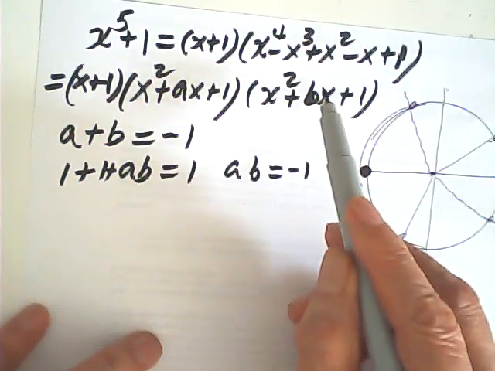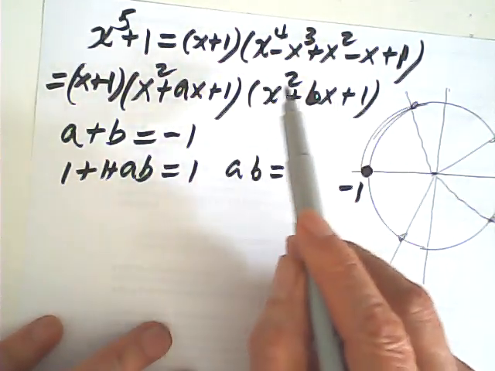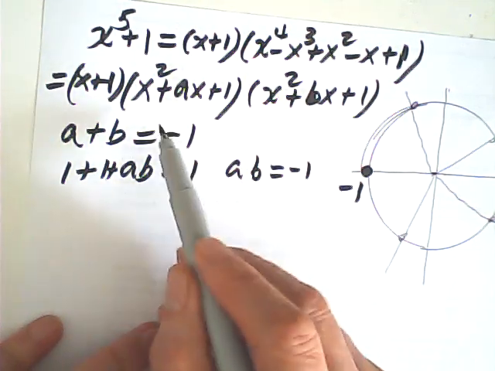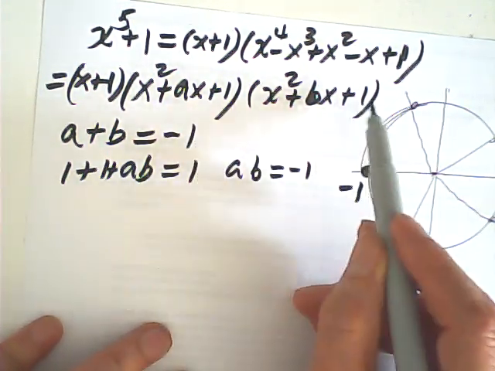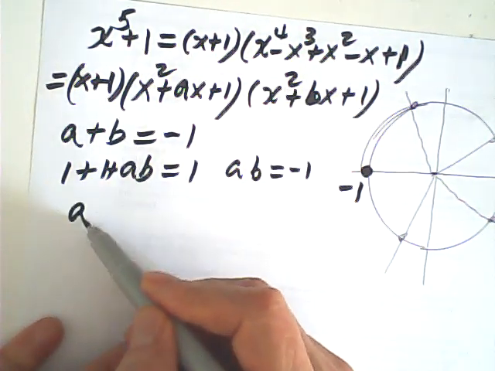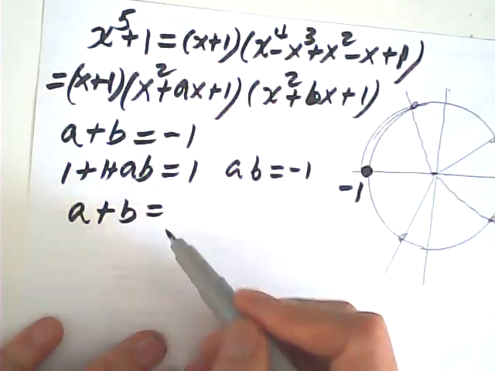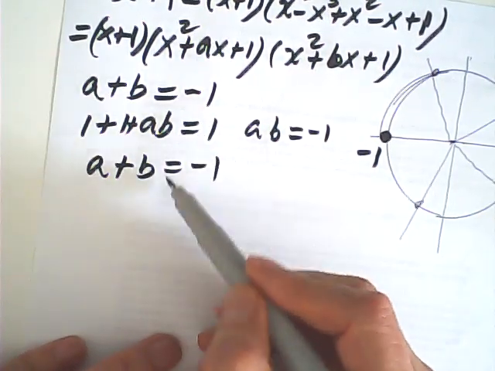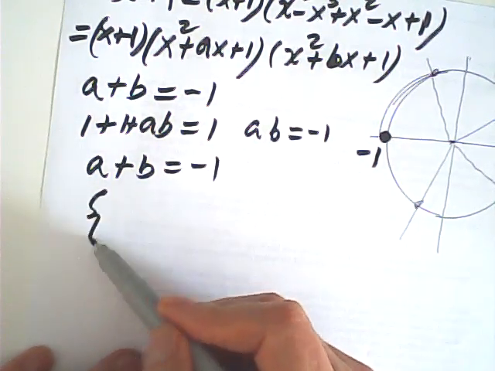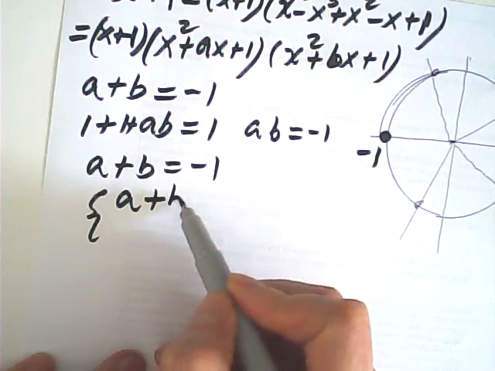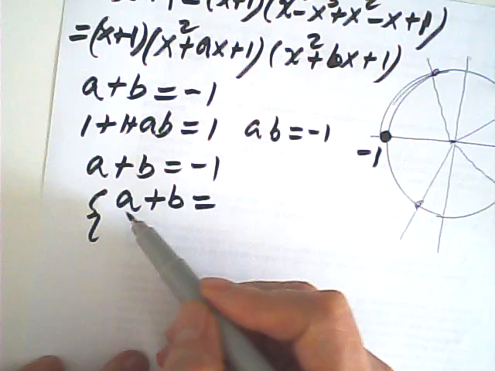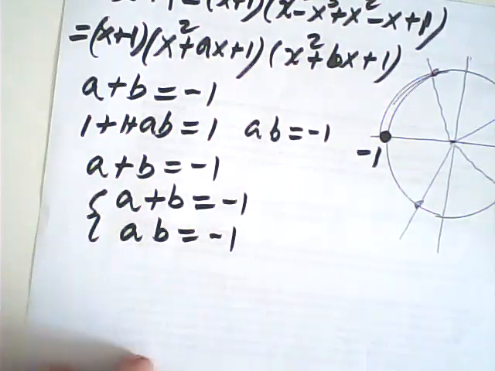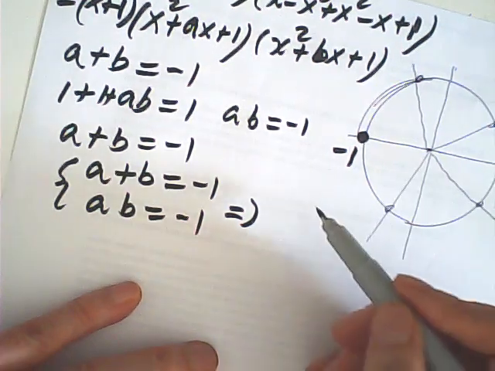And by comparing the coefficients for x, we also get a plus b is equal to -1. From these 3 equations, two are the same, so eventually I have two equations, this one and that one. From these two I can find a and b.